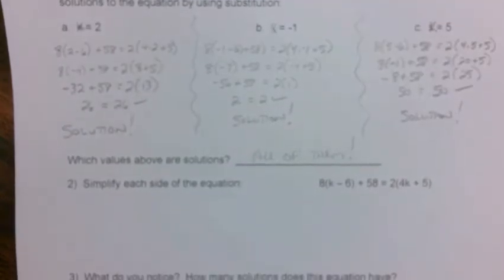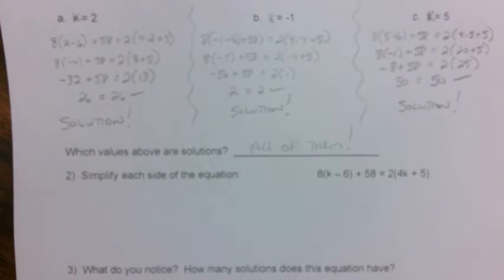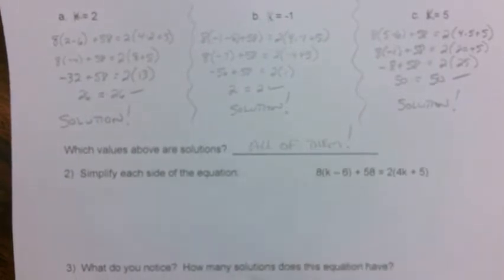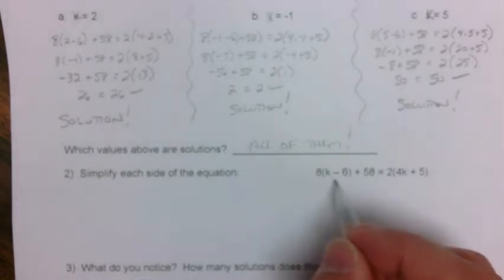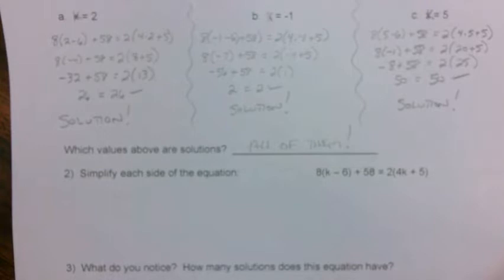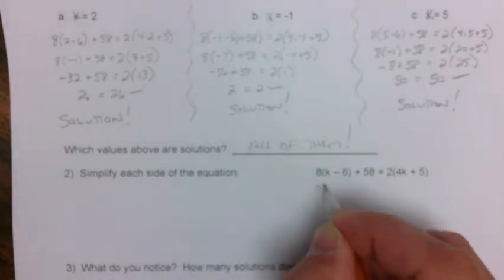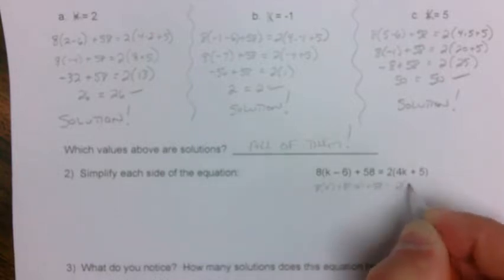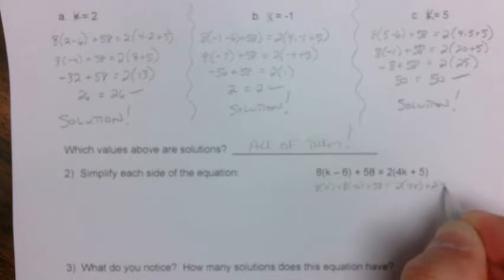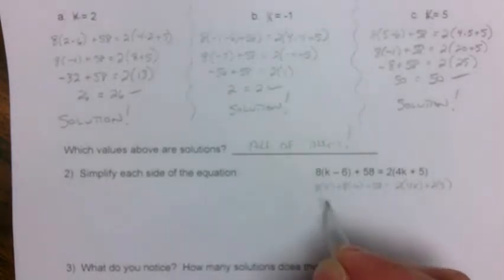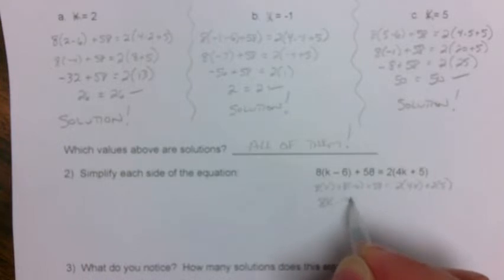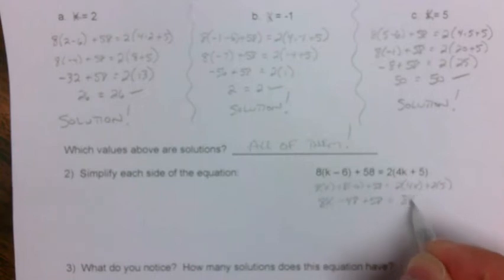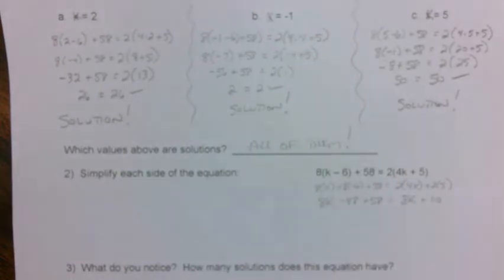In example 2, it says to simplify each side of the equation. I'm not going to substitute anything in. I'm just going to use my distributive property to start, and I'm going to simplify each side as far as I can. 8 times k plus 8 times negative 6 plus 58 equals 2 times 4k plus 2 times 5. 8 times k is 8k. 8 times negative 6 is negative 48 plus 58 equals 2 times 4k, which is 8k, and 2 times 5 is 10.